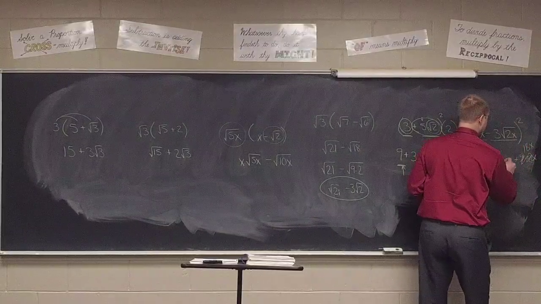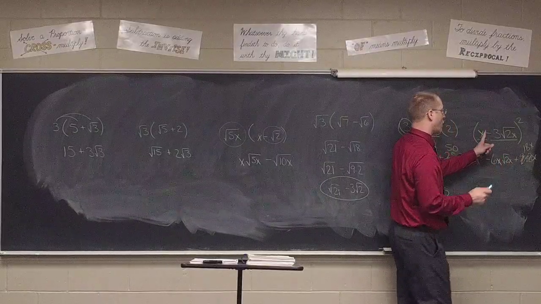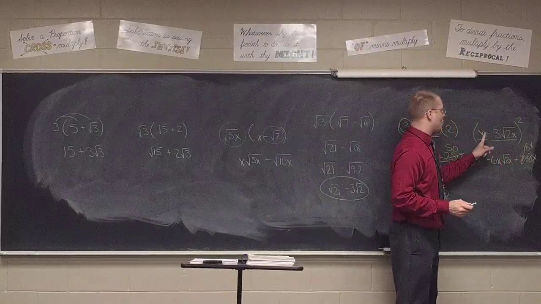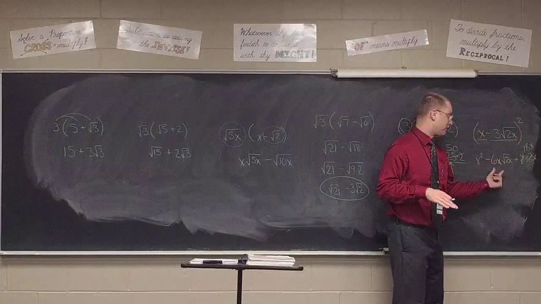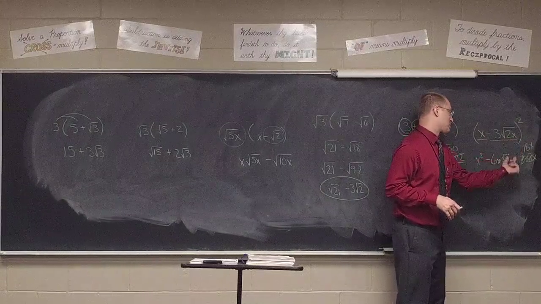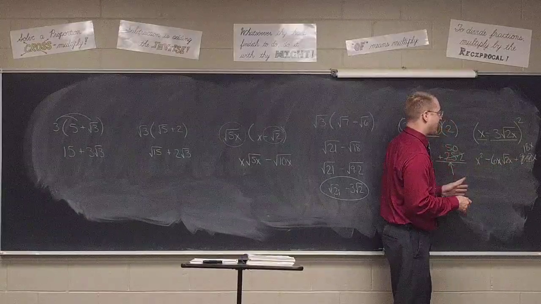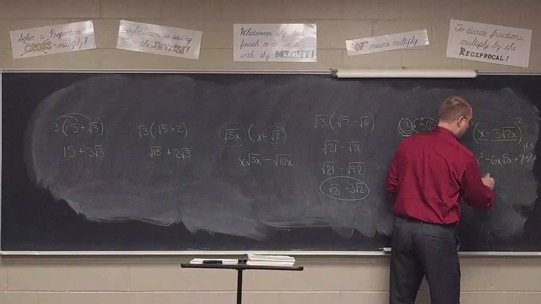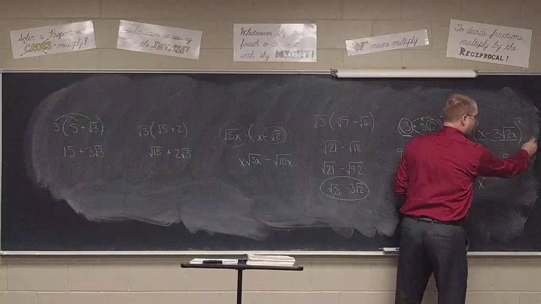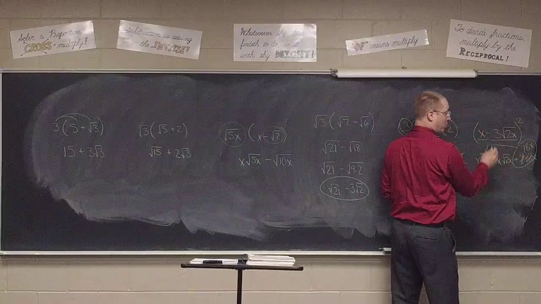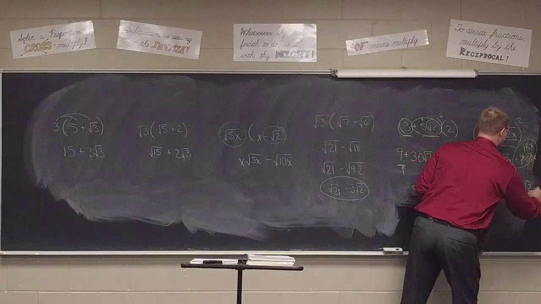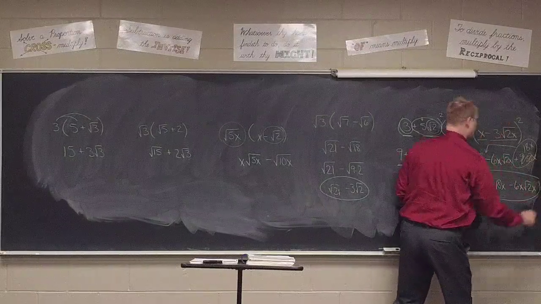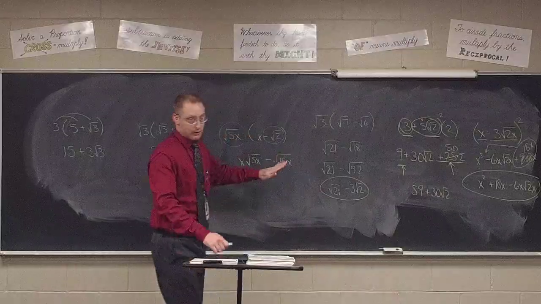Negative 6x times the square root of 2x. The only sign is this negative. 3 times x times another 2 is 6x. That's all the rational stuff. And then the only irrational, again, was that square root of 2x. It just kind of sticks around. And this time, nothing combines. So we're left with x squared. I would kind of move the positive 18x forward since there's no radical portion here. And then negative 6x times the square root of 2x. And there's our answer.